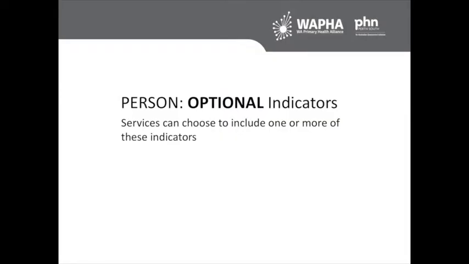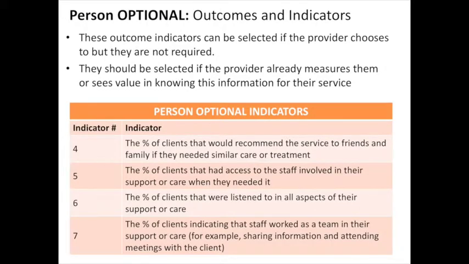Moving on to the optional person indicators. You may choose to include some of these if they align with your organization's objectives. So these include the percentage of clients that would recommend the service to family and friends, the percentage of clients that had access to the staff involved in their support or care when they needed it, the percentage of clients that were listened to in all aspects of their support or care, and the percentage of clients indicating that staff worked as a team in their support or care.